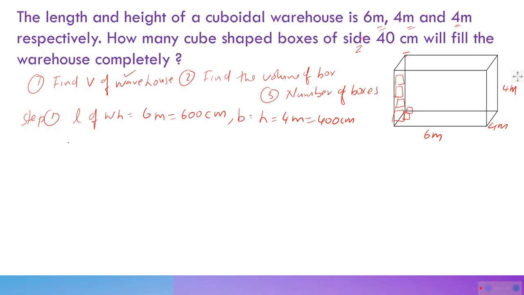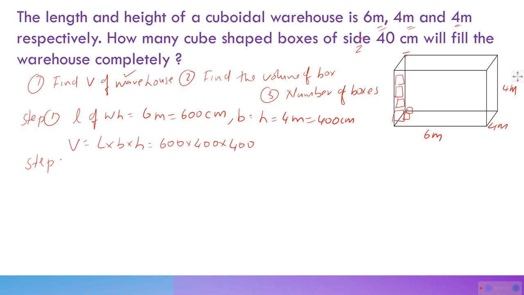The volume can be calculated by the formula length into breadth into height, where we will be simply multiplying 600 into 400 into 400. We are not calculating it now because we have to divide it with the volume of the box. So we will save the time by keeping it like this.